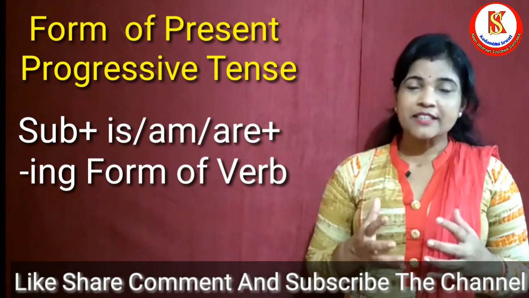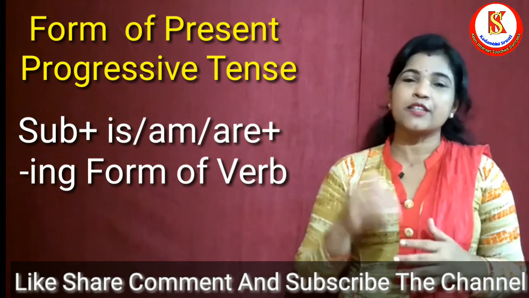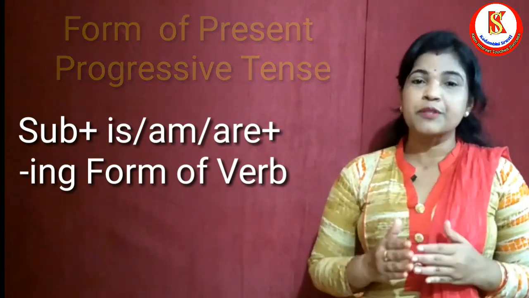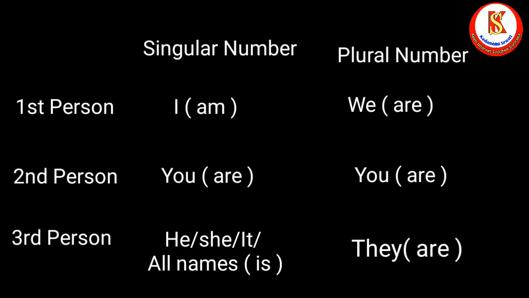Now let us see is, am, are is used in which particular subject. As we have already discussed in our previous video that we have 3 types of person and 2 types of numbers. So including this, we got 6 types of person and number.